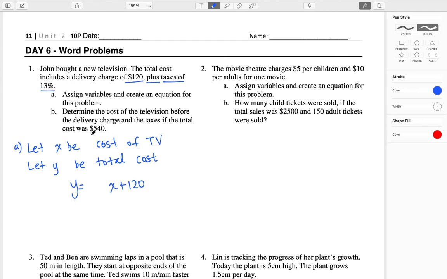So whatever the cost of the TV, including the delivery, you are going to multiply by 1.13. So when you multiply by 0.13, you get just the tax. But when you multiply by 1.13, you are getting the total price including the tax.